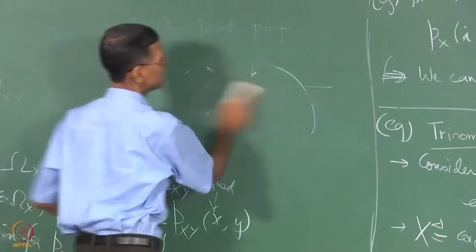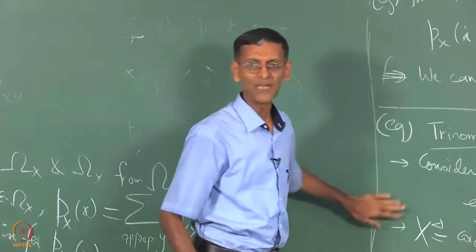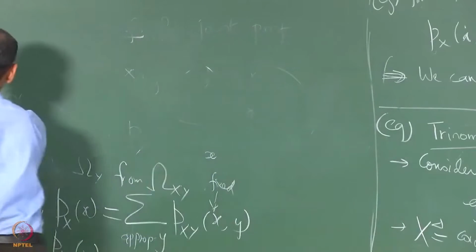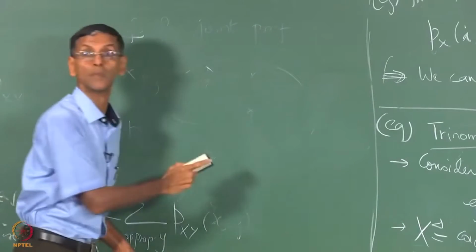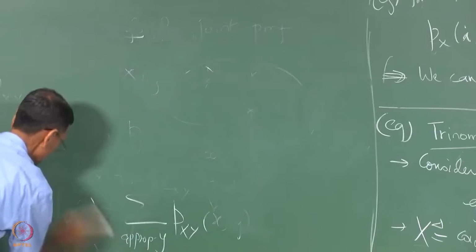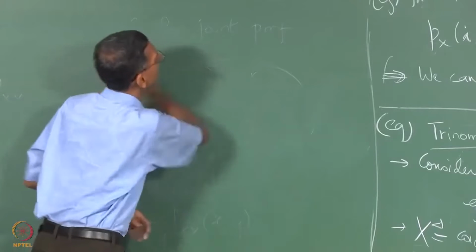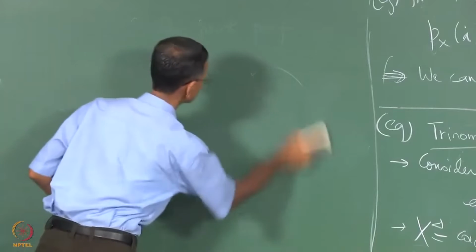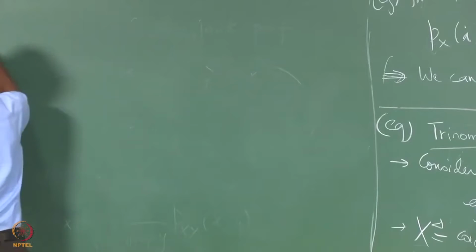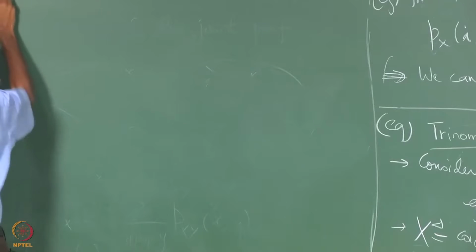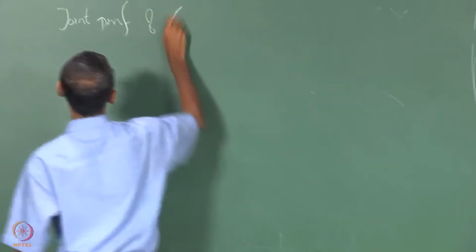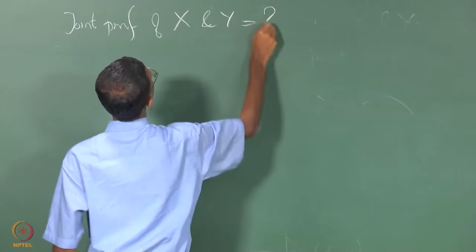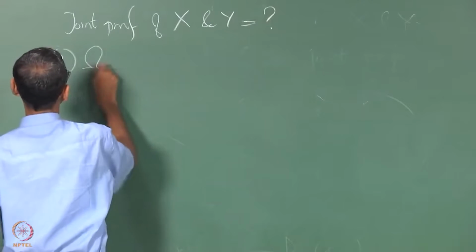Now, let us look at the joint PMF of x and y. How would I write it? First step is omega xy.